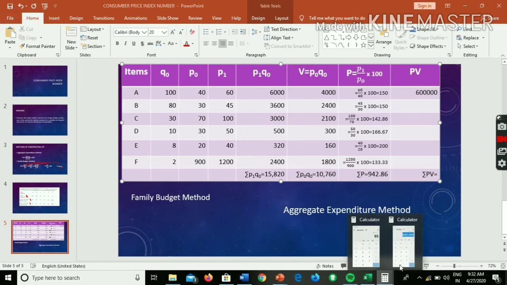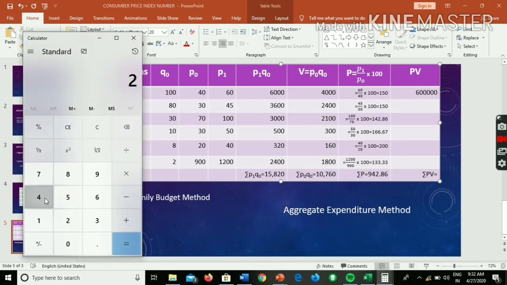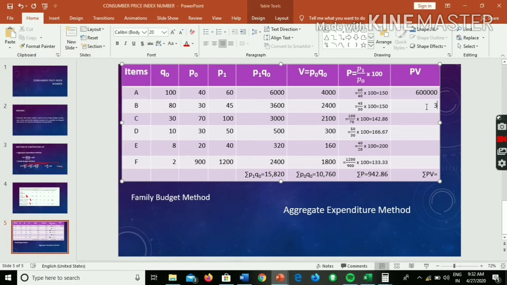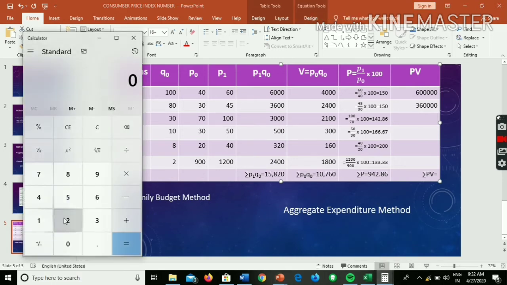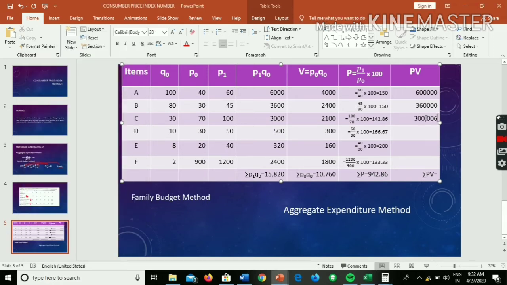Again 2400 into 150, which gives 3,60,000. Next 2100 into 142.86, so 3,06,000.